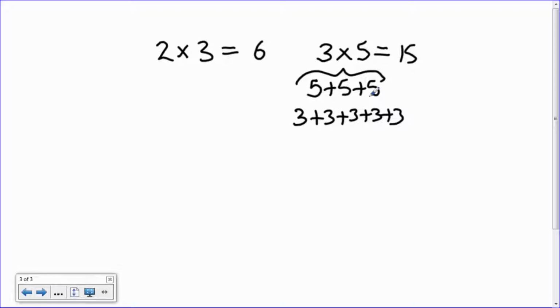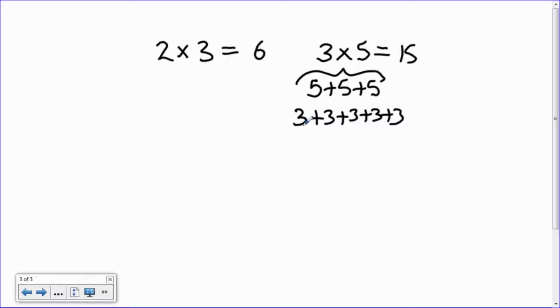Now, it turns out that 5 groups of size 3, which means something entirely different than 3 times 5, it is true that the target sets are the same size. So the target set for 3 groups of 5 has the same size as the target set for 5 groups of size 3. The product is 15. But remember, make sure your kids understand the difference, that 3 times 5 and 5 times 3 mean completely different things, but the size of the target sets are the same.